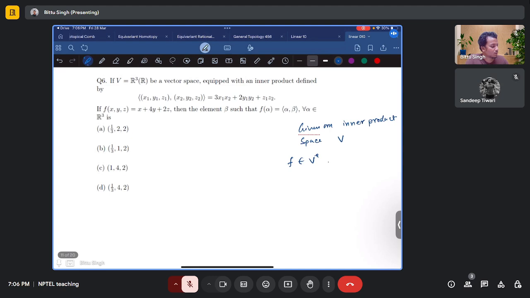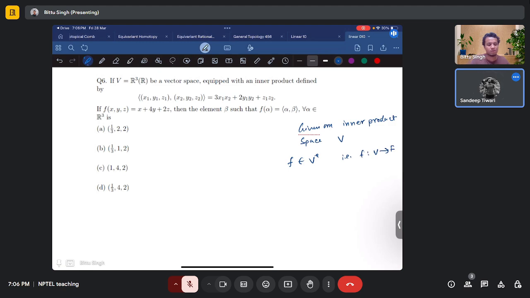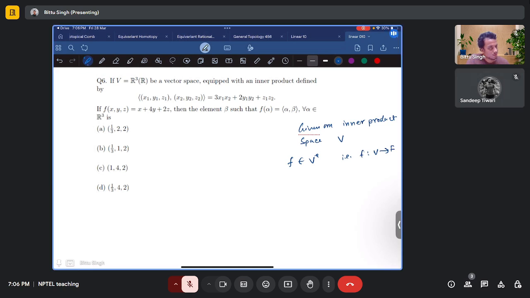So it means F is a function from V to the given field. Correct. A linear map, a linear function. Yes, sir, a linear transformation, right? Now for those kinds of transformations, F of V can always be written as V inner product with some W, for some fixed W.